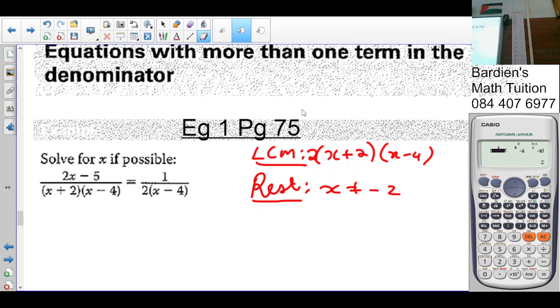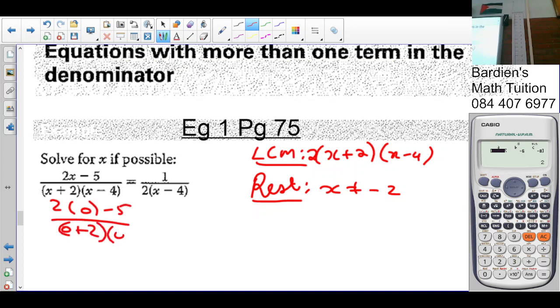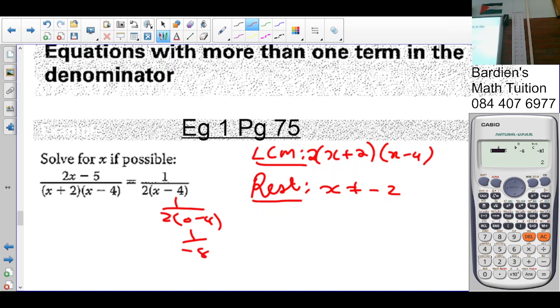Because if I put 0 in this fraction, it's 2 times 0 minus 5 over 0 plus 2 and 0 minus 4, which is negative 5 over 2 times negative 4, which is negative 5 over negative 8. There's no 0 in the denominator there. If I put 0 in the second fraction, it's 1 over 2 into 0 minus 4, which is 1 over negative 8. So x can be 0.